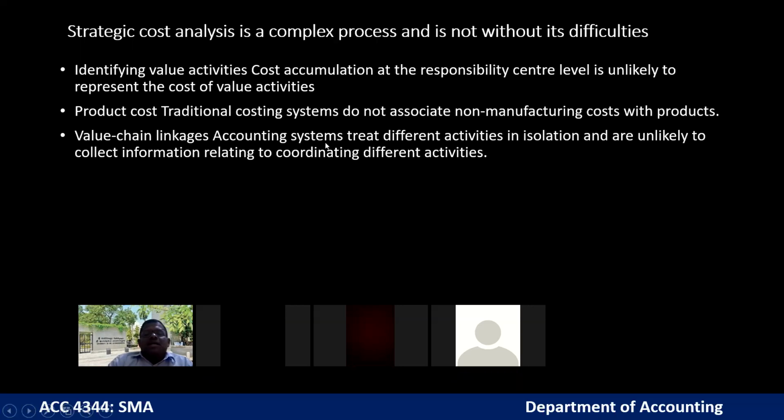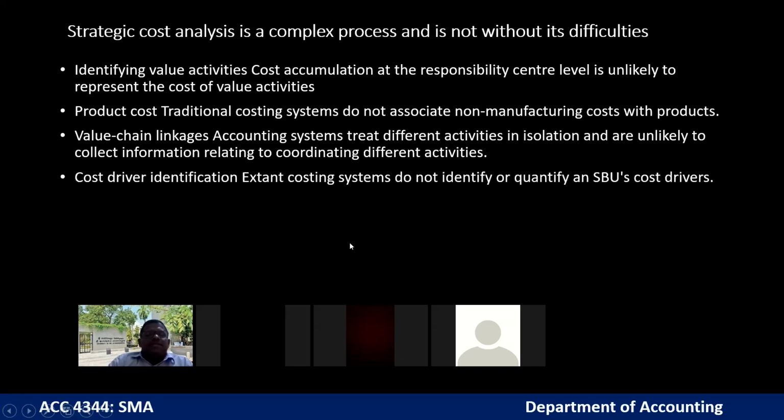Value chain linkage: accounting systems treat different activities in isolation and are unlikely to collect information related to coordinating different activities. Cost driver identification: external costing systems do not identify or quantify SBU cost drivers.